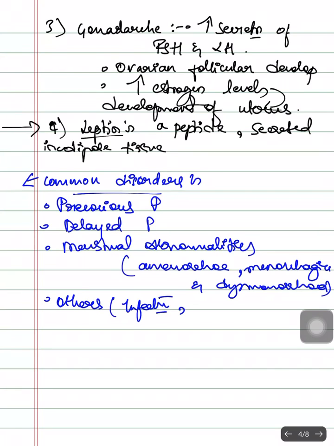Today we will be dealing with precocious puberty. Usually they ask this for 5 marks or 3 marks, and it is a must-know question for third year.